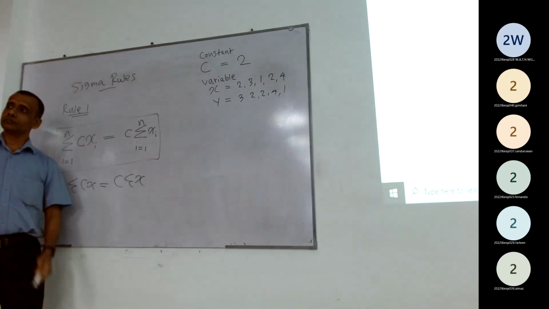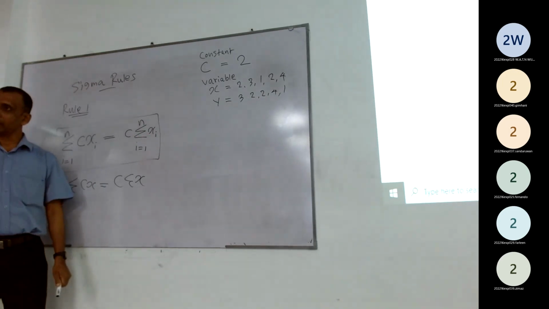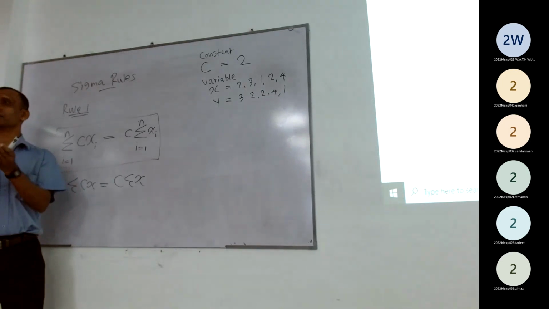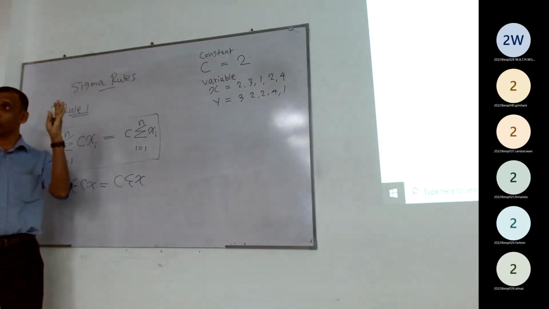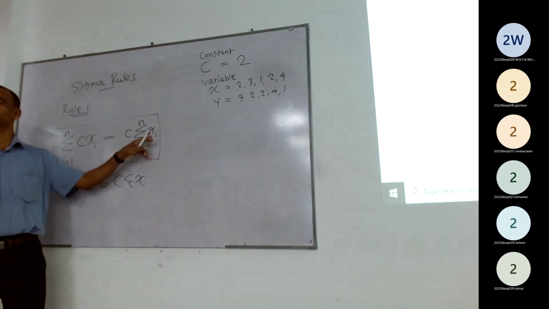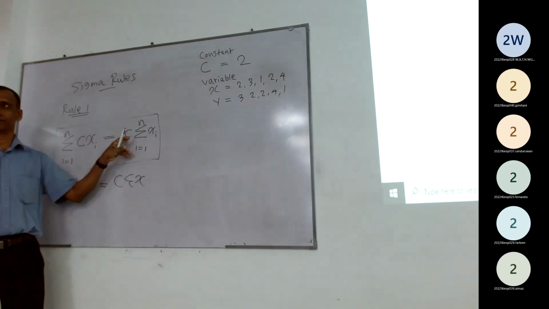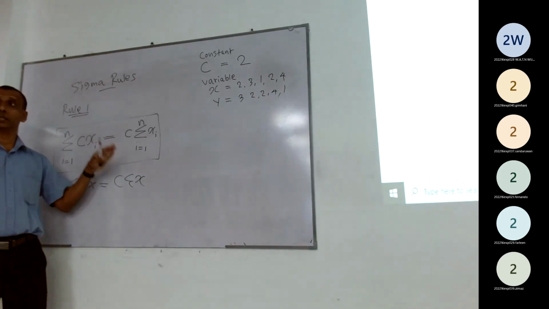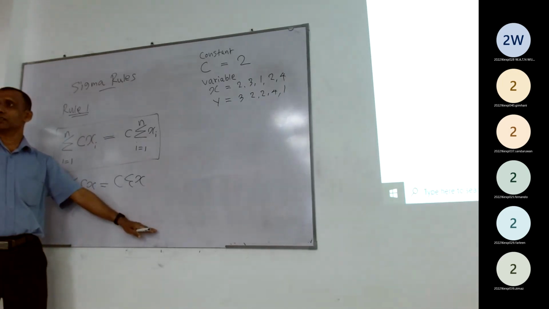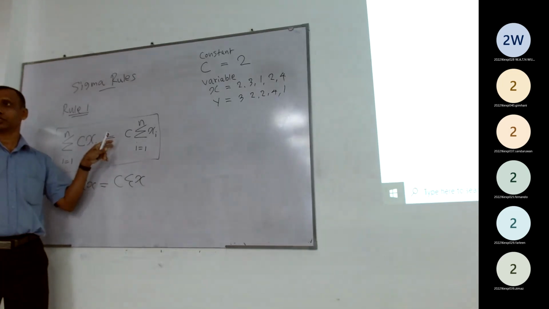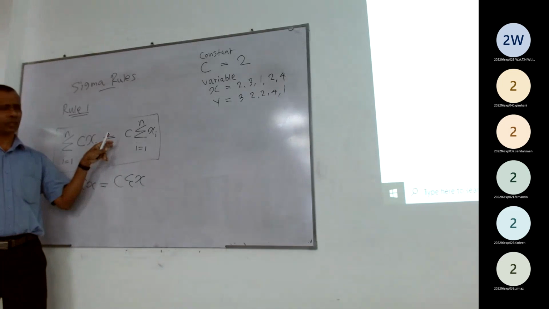That's why sigma you apply to the variable. No need to apply to the constant. Always in models, sigma is applied to variable x, y, z, like that variable, not to a constant. Practice clearly. We want to apply this in models, correlation and regression models. You want to correctly apply these sigma notation.